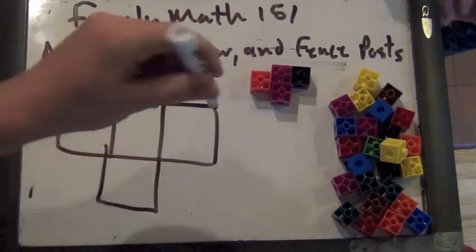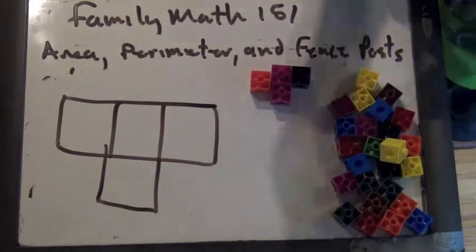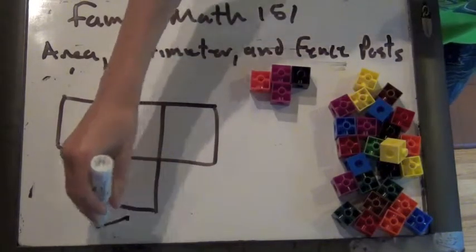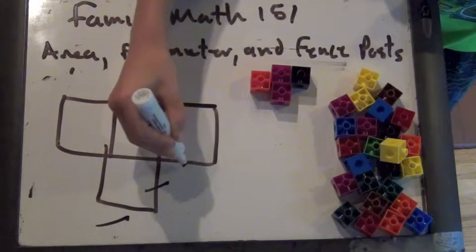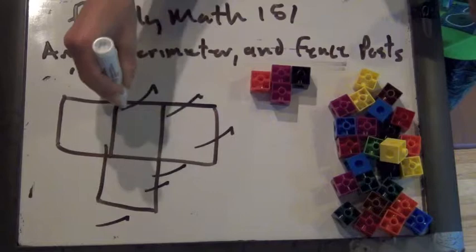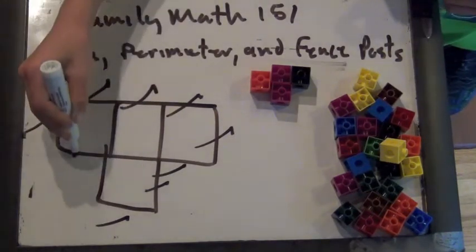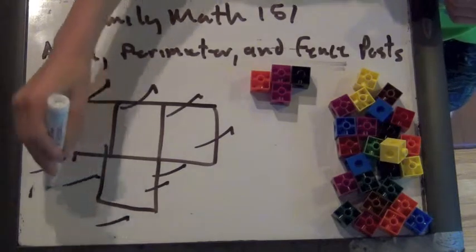Maybe it's easier to mark the sides now. Why don't you put a check mark on them when you count a side? 1, 2, 3, 4, 5, 6, 7, 8, 9, and 10. Super.